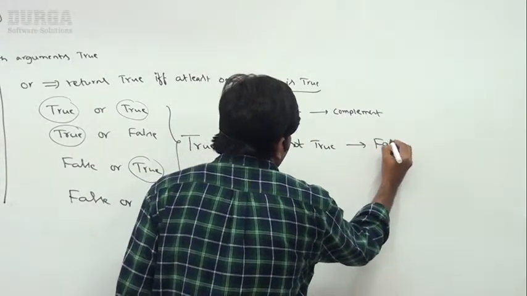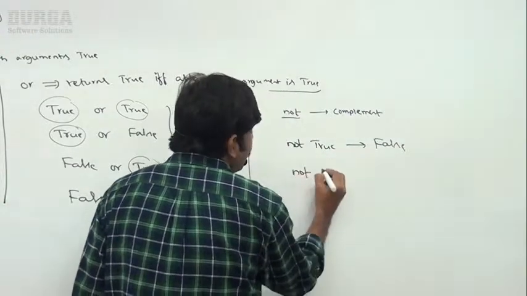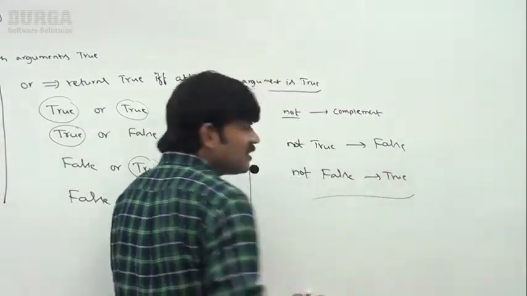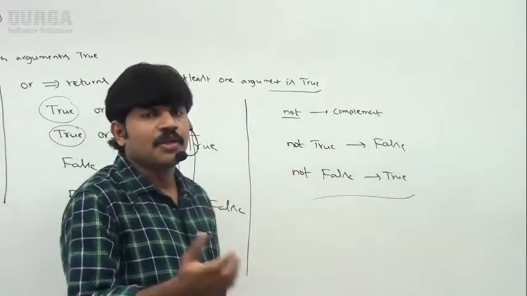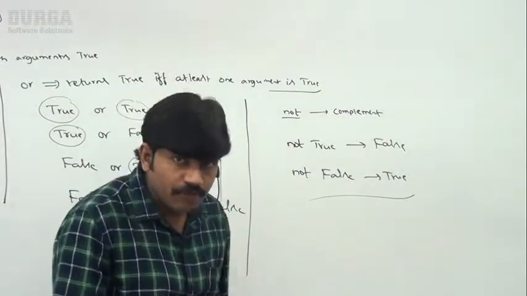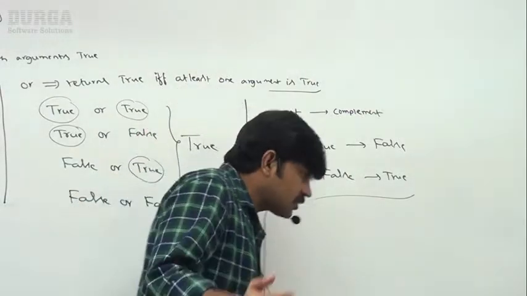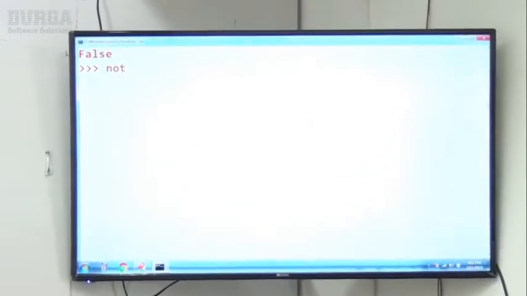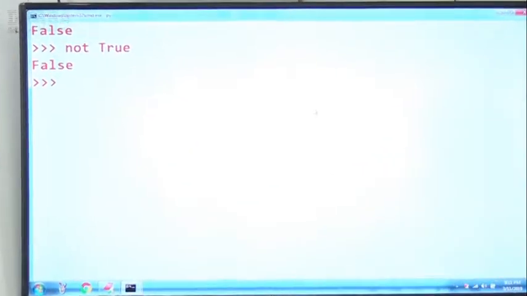That's all. Reverse. If it is true, we will get false. If it is false, we will get true, sir. Just have a look once, sir. I am taking not true. False is the answer. Not false, I am taking, true is the answer, sir.